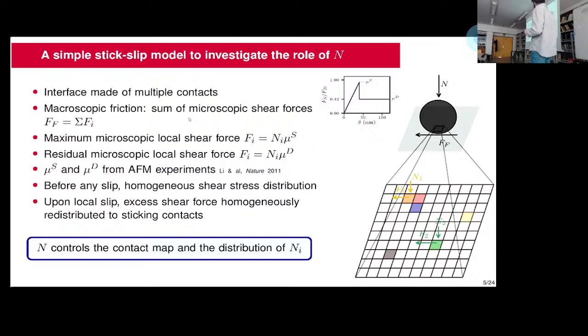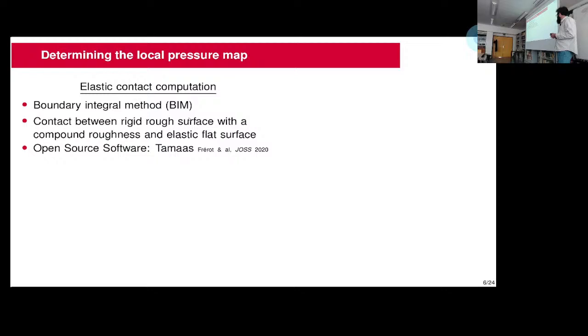So in this model, the only things that can change with the normal force are the distribution of normal load and the contact map. To estimate the pressure map, we did some numerical computation of elastic contact using an open source code that was actually developed by Luca here.